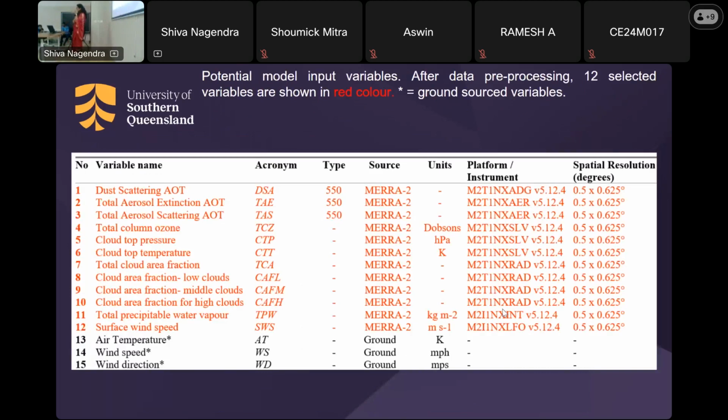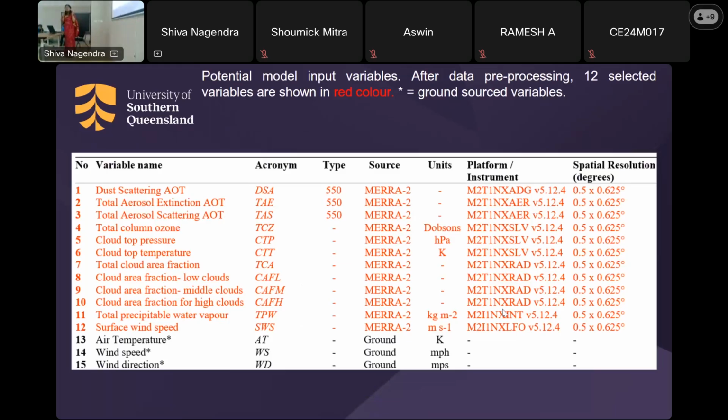However, some variables are depicted in red color. That means those variables were selected for this study and other variables were discarded. Other columns just show the sensor which was used, the spatial resolution, and what platform was used for the satellite data.